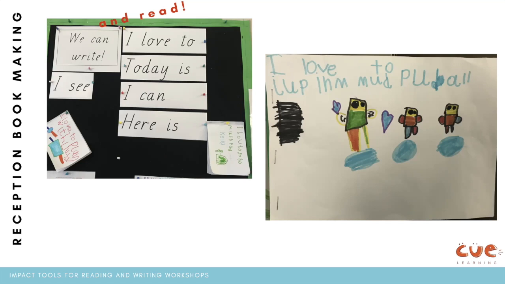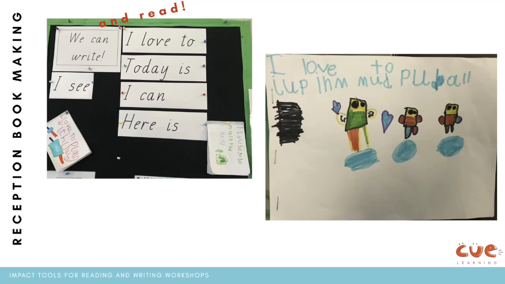So what you see here on the right hand side slide, on the left hand, we can write and read these words, and you can see there are some books that are pinned up beneath those sentence starters. And on the right, you see here a book, so "I love to jump in mud puddles", and it's stapled. So this is "I love to", which you can see is one of the sentence stems.